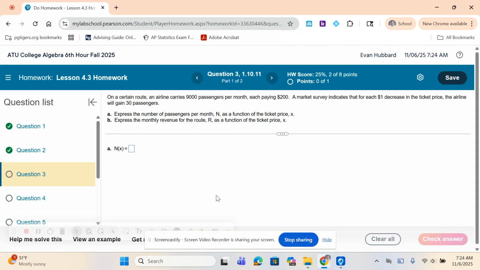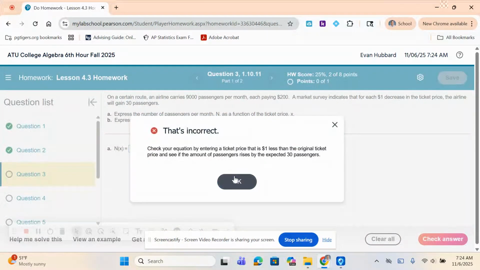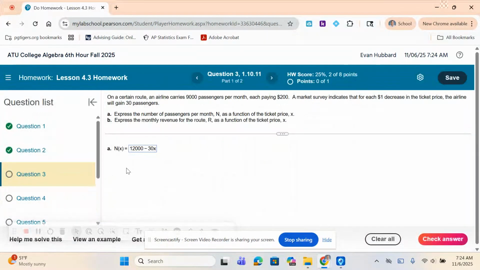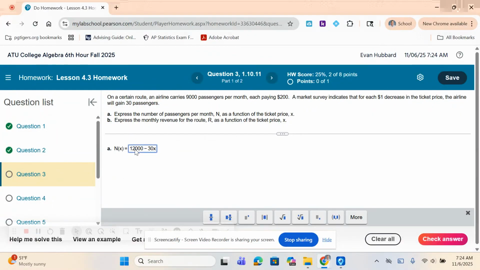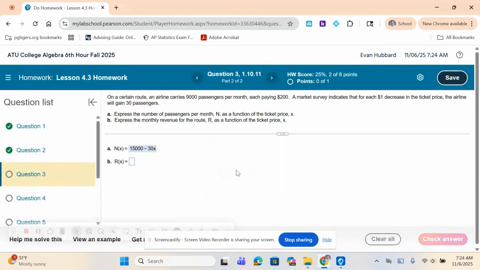So n of x is equal to 12,000 minus 30x. Oops, sorry, I apologize. 9,000 plus 6,000 is 15,000. I apologize about that. Embarrassing, can't do my simple math.